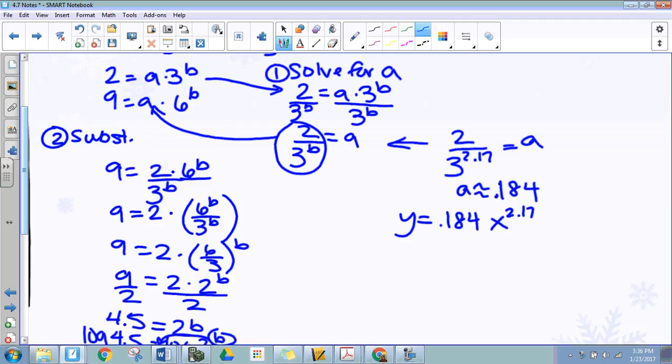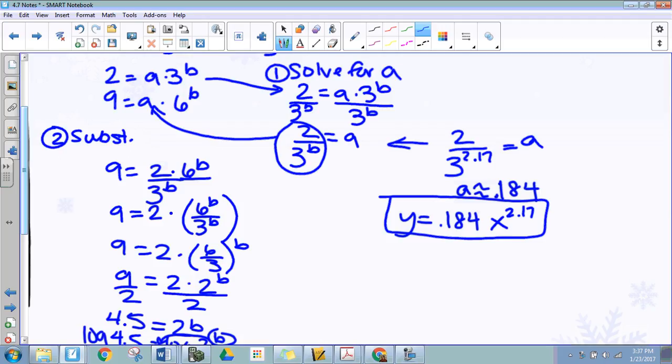If you remember when we did polynomials, it was always an integer power, but a power function doesn't have to be to an integer or whole number power. So that's why it's different. We have a number in the exponent, and this is a power function for those two equations, or 2 points.